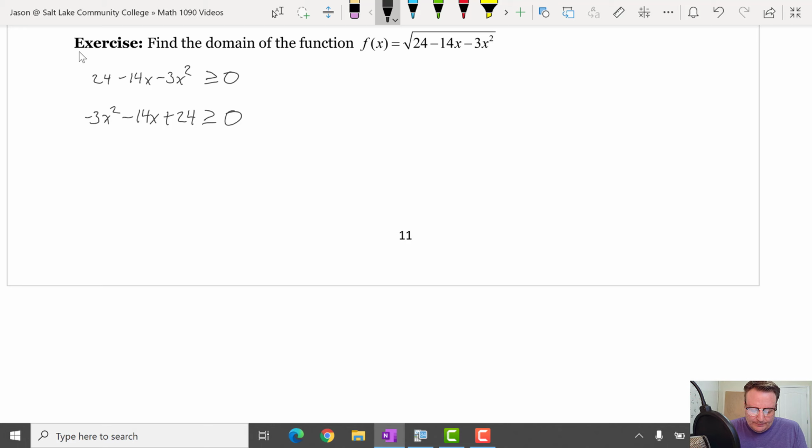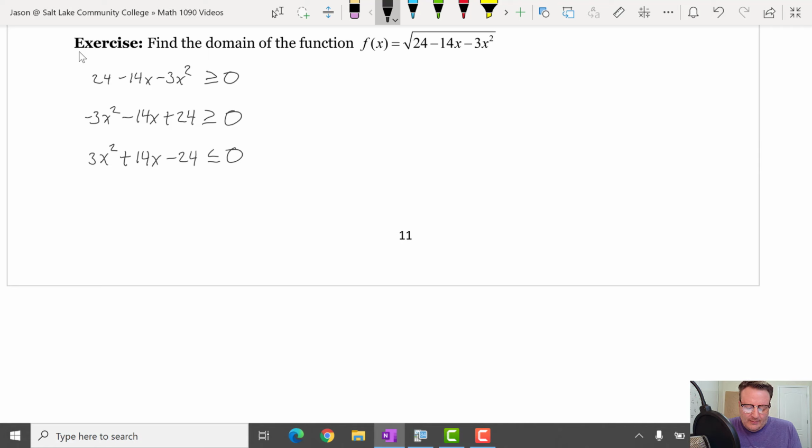And, well, I really don't like having that lead coefficient be negative. So I'm going to multiply both sides of this inequality by -1, remembering that I need to flip the direction of the inequality symbol. So I'm going to have 3x squared plus 14x minus 24 is less than or equal to 0.